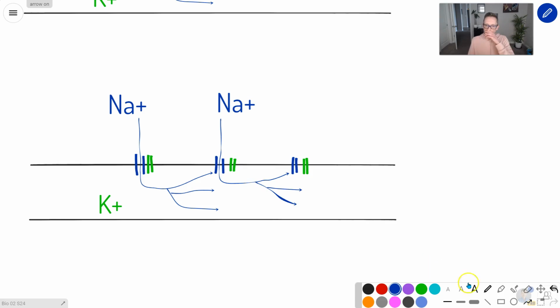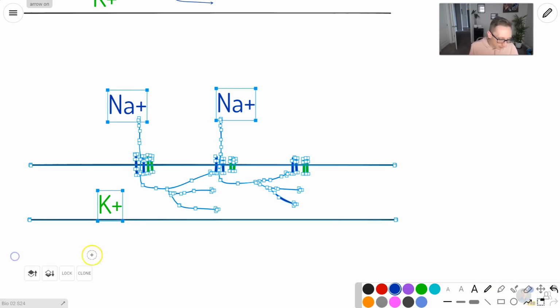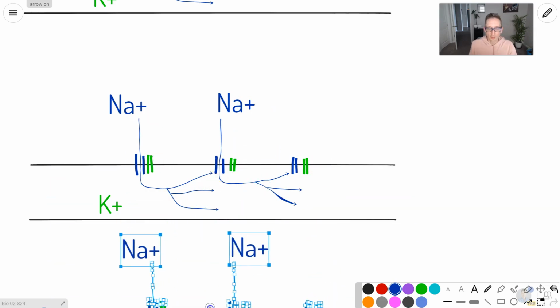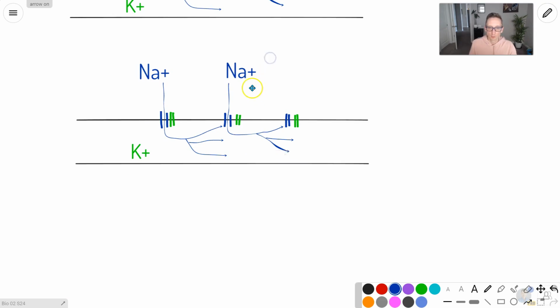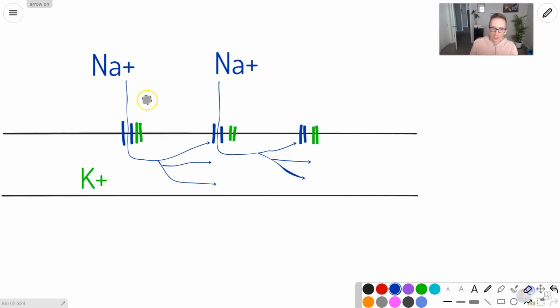What's going to happen eventually over time, let's just keep this cruising on down, and you guys can pause me if you need to draw any of that out. I'm going to keep cruising through this. Eventually, this will be full of sodium over here.